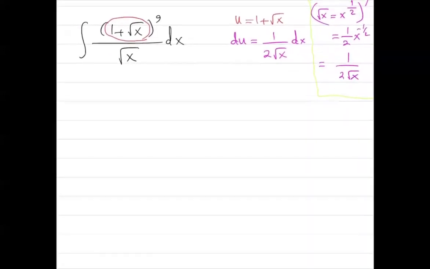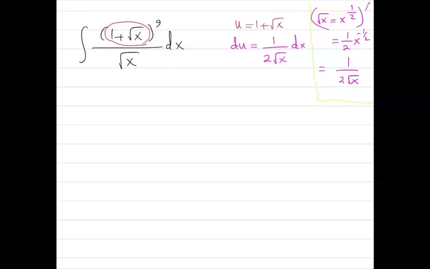So let us continue. Our integral is now the integral of u to power 9, you have square root of x down here, and dx can be written as 2 times square root of x du. So wherever you see dx, you're going to write down 2 square root of x du.